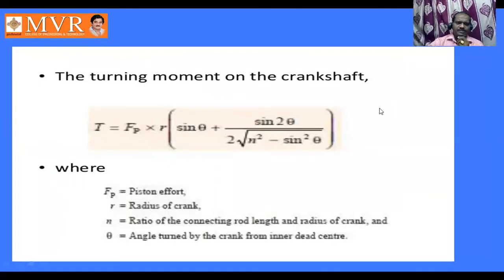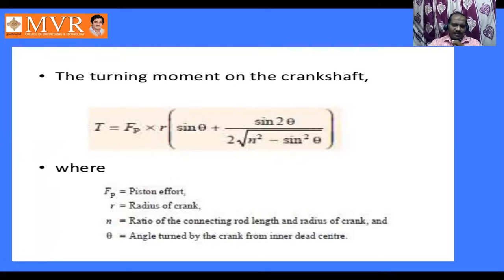See, this is the expression for a crank. Fp is piston effort. Take piston effort equal to 10 and the radius of the crank as 15 centimeters.